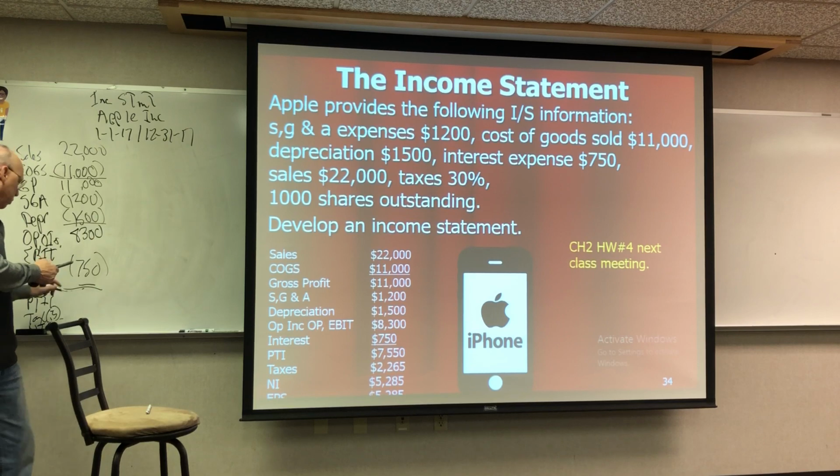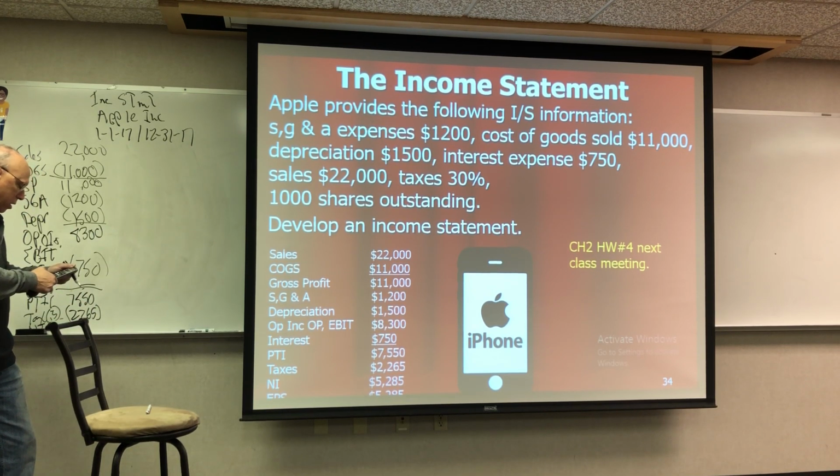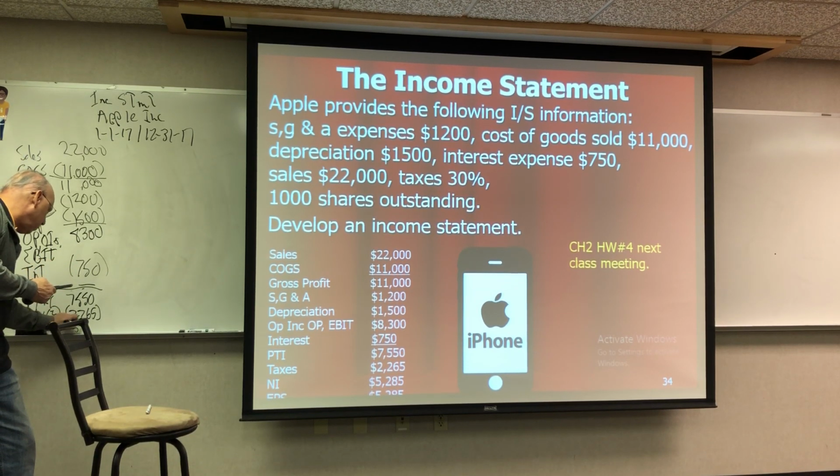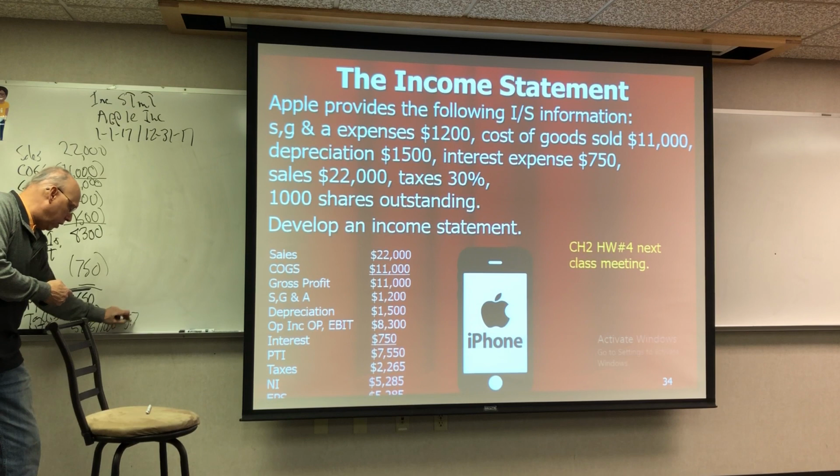All right, so 7,550 times 0.3 is equal to 2,265. There we go. Let's put parentheses around there, and 7,550 minus 2,265 is 5,285. 5,285 divided by 1,000 shares equals $5.29. We're going to round just a little bit.